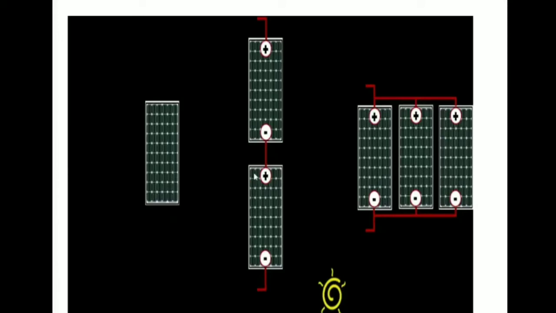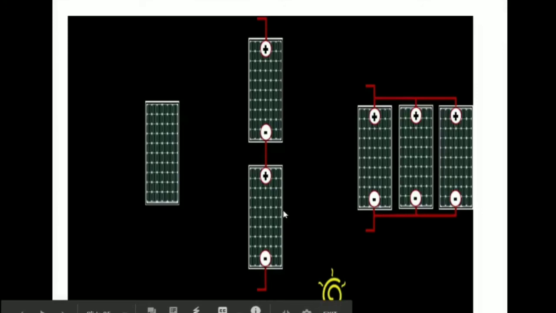When we connect them in series, we can increase the voltage level. So, PV modules are connected in series to get greater voltage. Here we can see the positive terminal of one module is connected with the negative terminal of the next, and across the load we have positive and negative terminals at the ends.